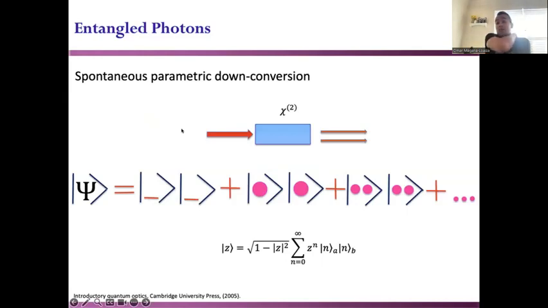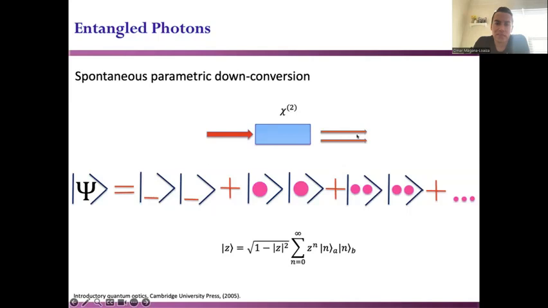Then we have other systems that can provide multiphoton states, and we can produce that using a nonlinear technique known as spontaneous parametric down conversion. Here, what we do, we have a nonlinear crystal that absorbs a pump photon and produces two photons that are strongly correlated, such as these two states.